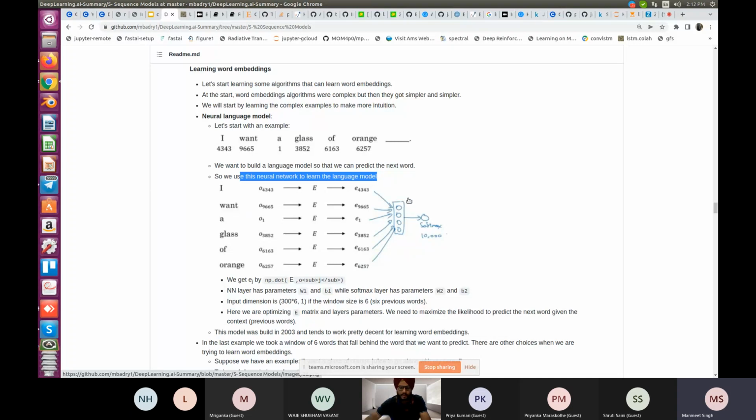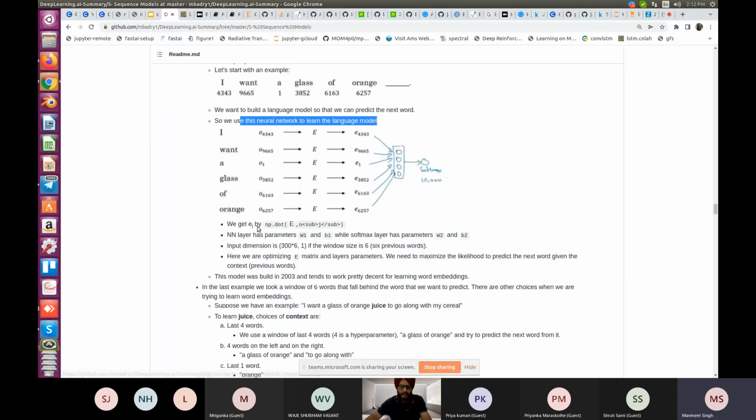Whatever word has the highest probability in the softmax represents your last word. That's how we generate the training example, and we get e_j by np.dot(E, o).